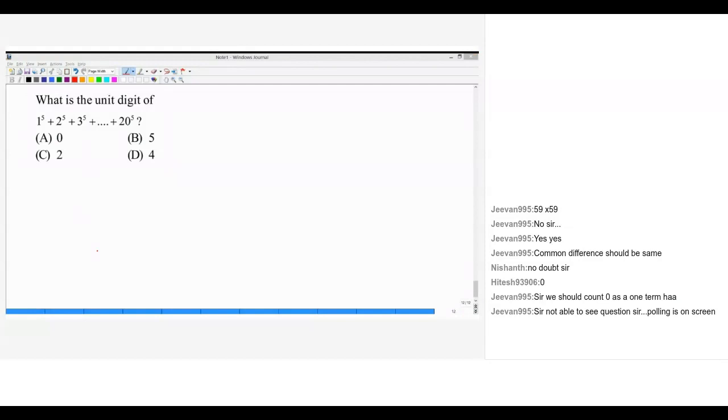The options are 0, 5, 2, 4. Okay, I'm giving you the polling now.